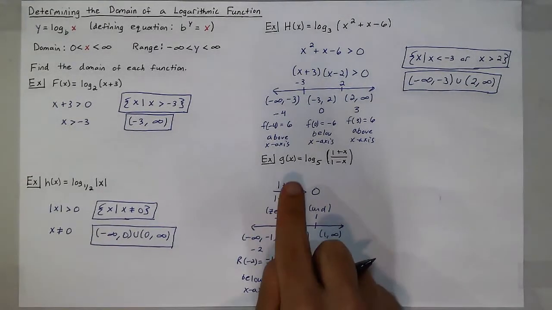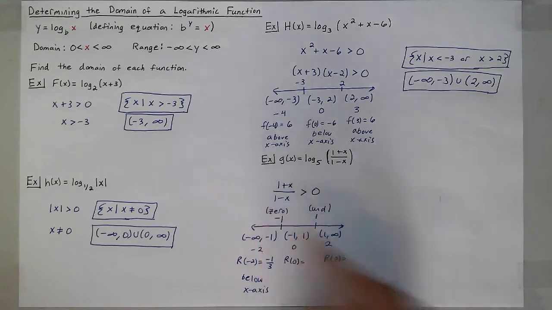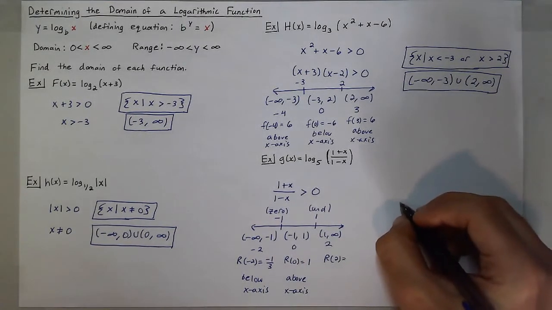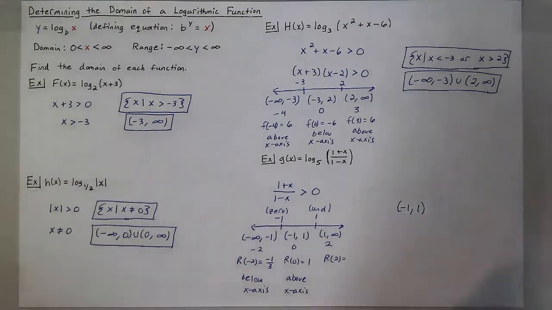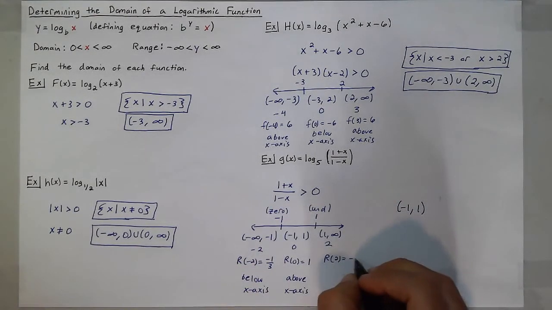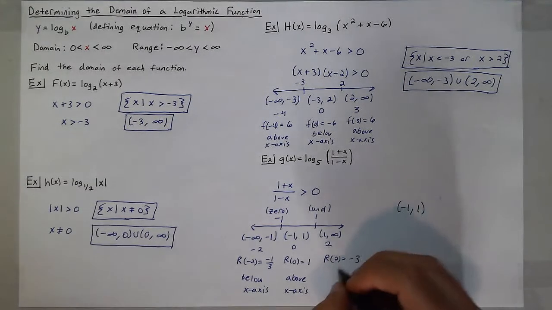Plug in 0, I get 1 over 1, which is 1, which is good. That's positive. That makes it above the x-axis, which I want in my domain. So -1 to 1 will be in my domain. Plug in 2, I get 3 over -1, -3, that's negative. That puts it below the x-axis, so I do not want to use that interval.